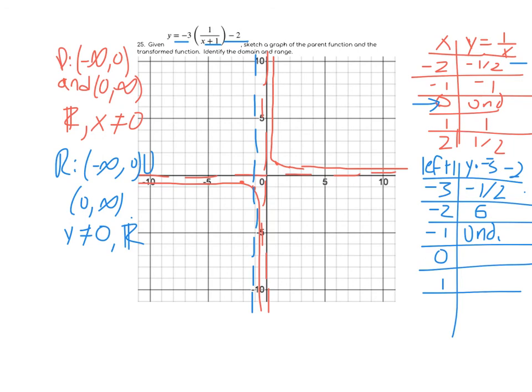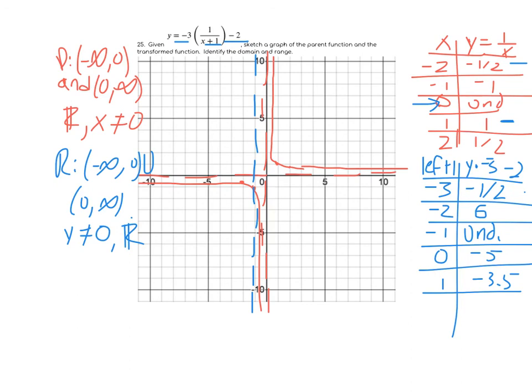We've got our undefined point. If we plug 0 in, we end up looking at what used to be a 1 value, so 1 times -3 is -3, -2 is -5, and then we're going to have, finally, a half times -3 is going to be -1.5, -2 is -3.5.